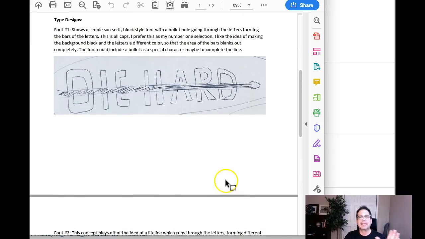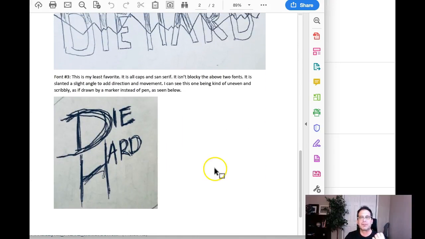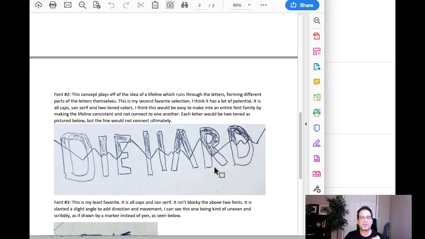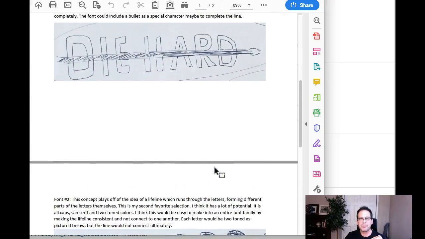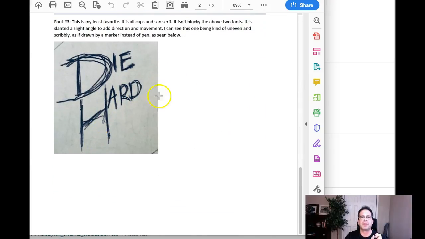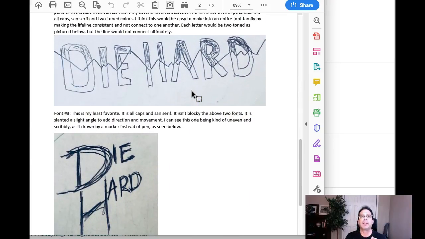And I think all three of them actually stand up quite nicely to the main character, John McClane, in that he is very, very persistent. There's no quit at all. These are very stoic, and all three of them are very powerful typefaces. So I think that connection is quite nice in itself.